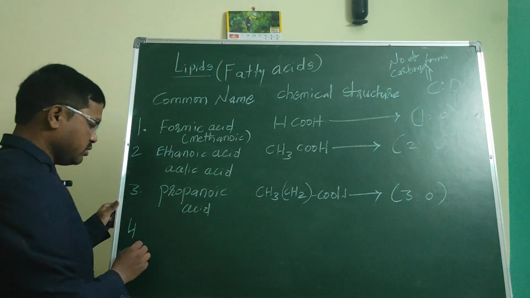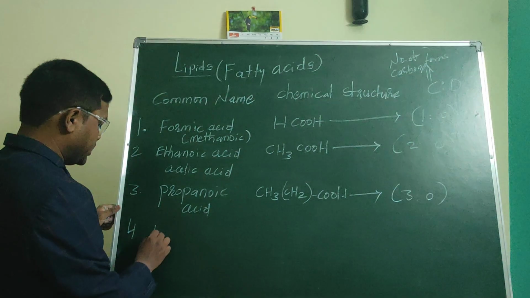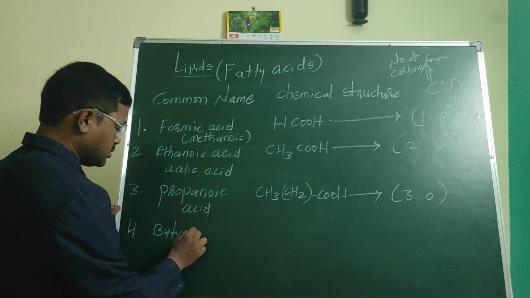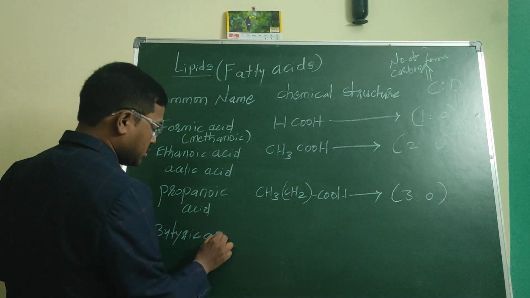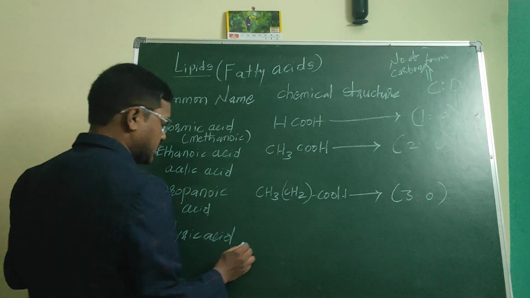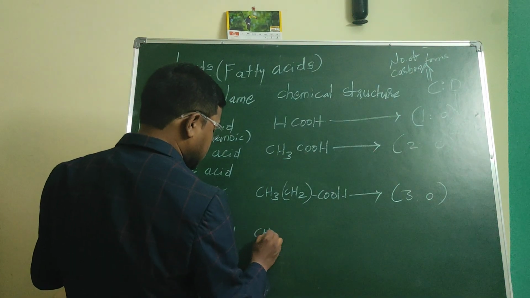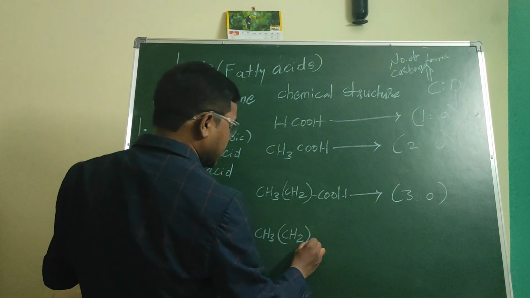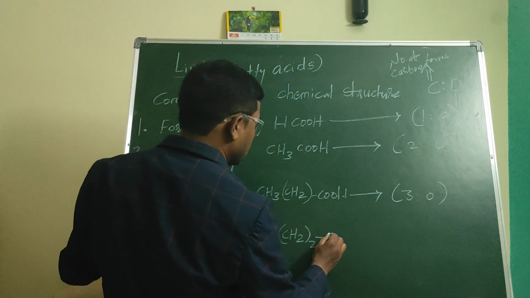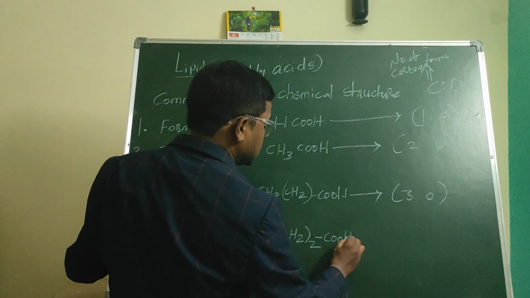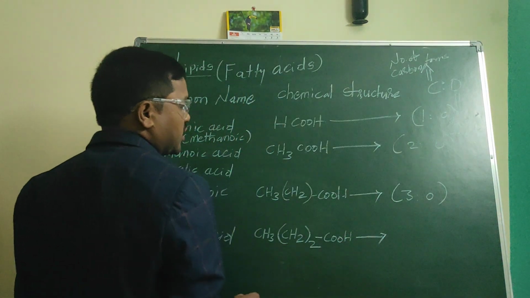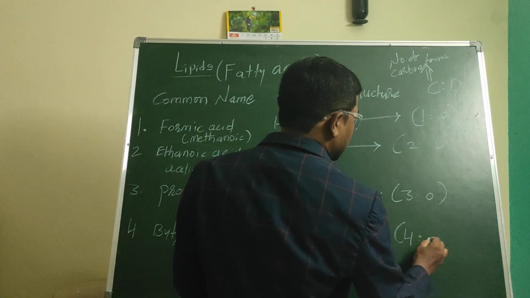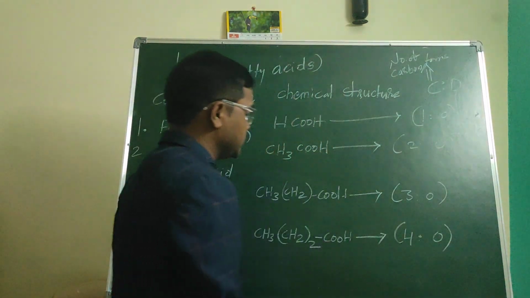Next, butyric acid, CH3(CH2)2COOH. Number of carbon atoms 4 and number of double bonds 0.